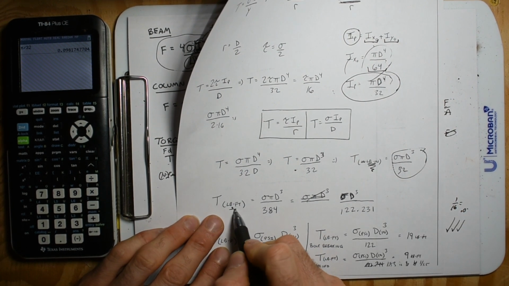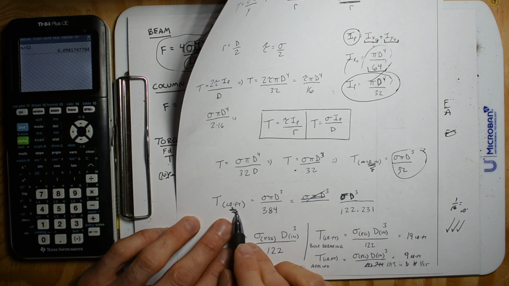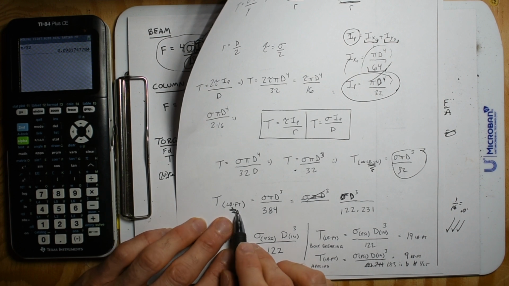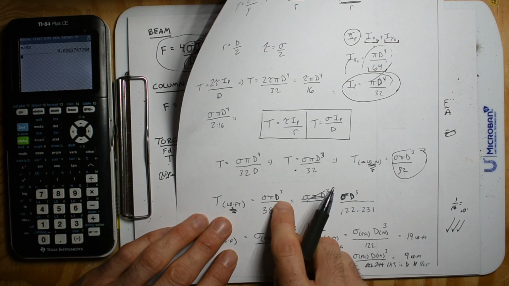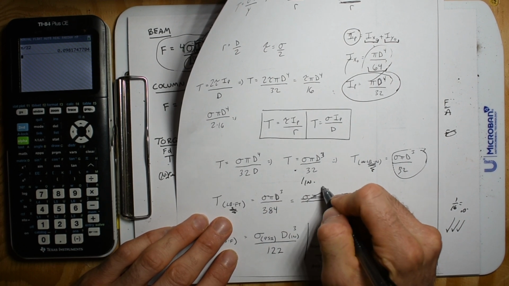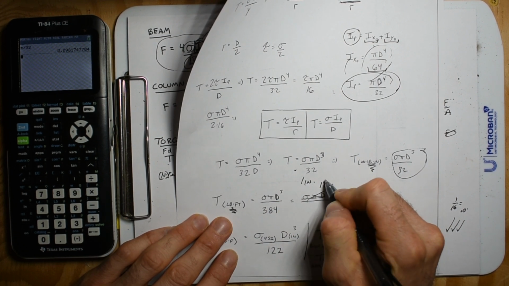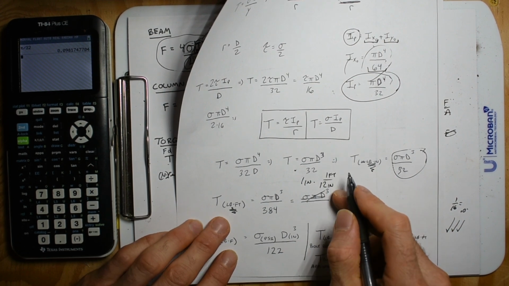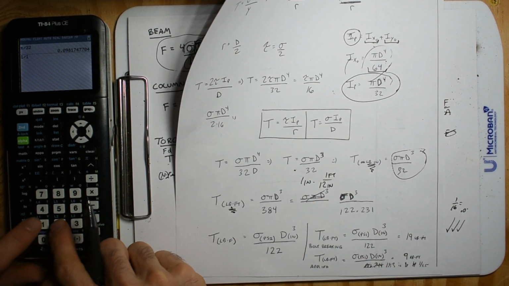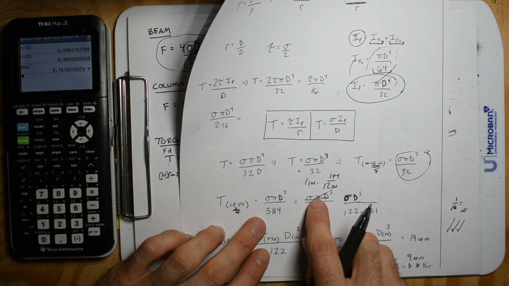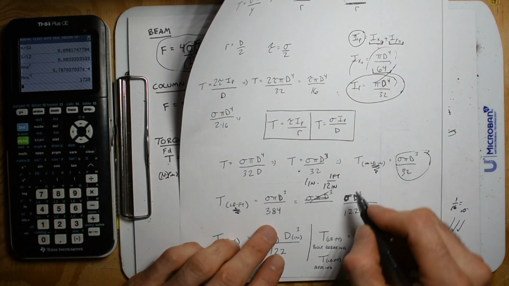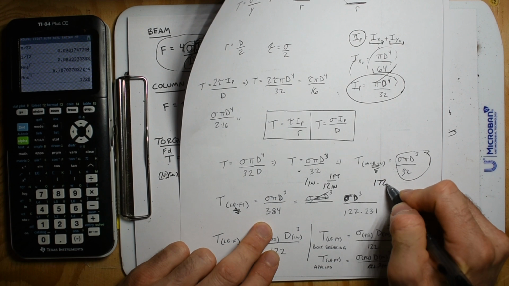But when you torque something in foot-pounds, you have to take this diameter and change it to feet. So if you had 1 inch, you would go 12 inches downstairs, 1 foot upstairs. Well, now you're taking 1 divided by 12, and then taking that to the 3rd. So inverse that, you're dividing by 1728.